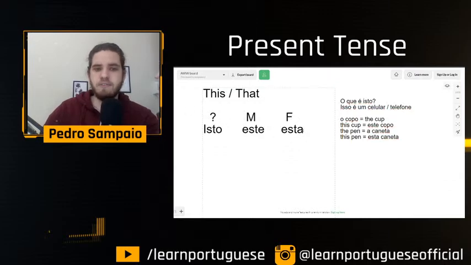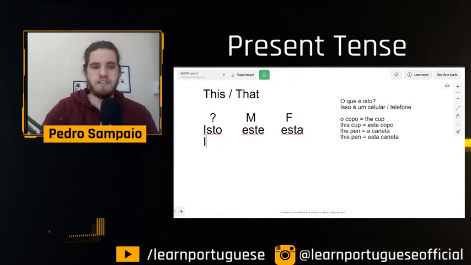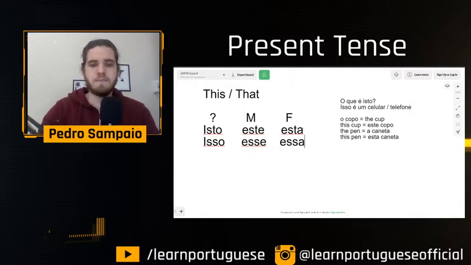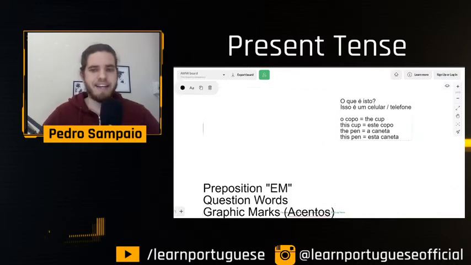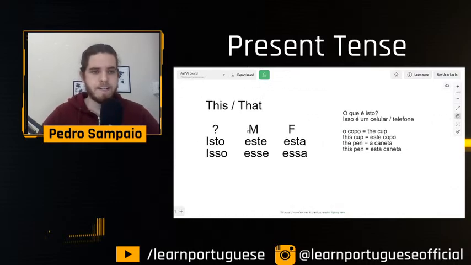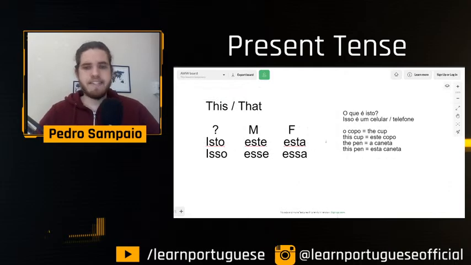Now, let's move on to the next one. So we have isso, esse, and essa. And the difference between those ones, for example, isto and isso, right here, it's better to explain with a drawing.